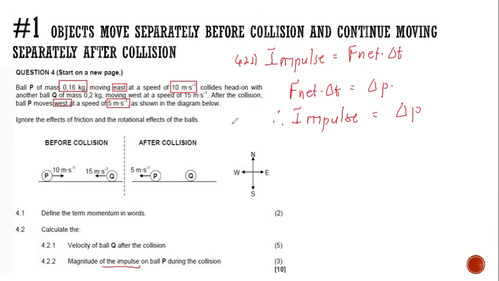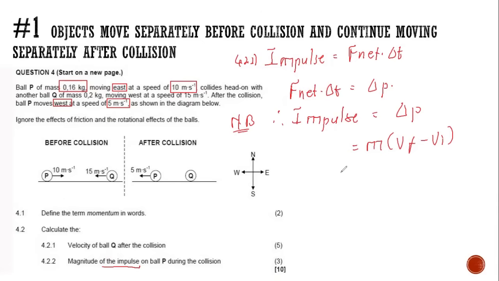So this is something that you really, really need to note here. If you are trying to calculate the impulse and then you don't have the net force and also the delta t, your change in time, you can also calculate the impulse simply by calculating the change in momentum of the object, right?